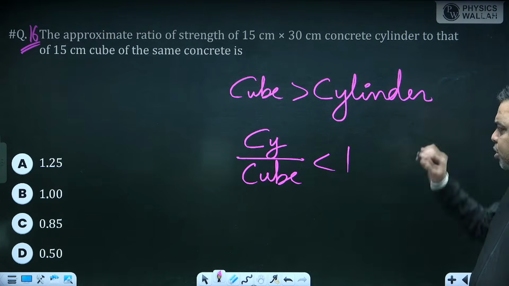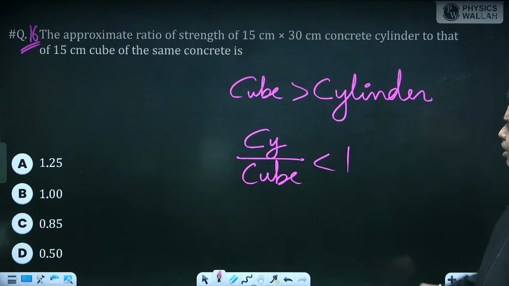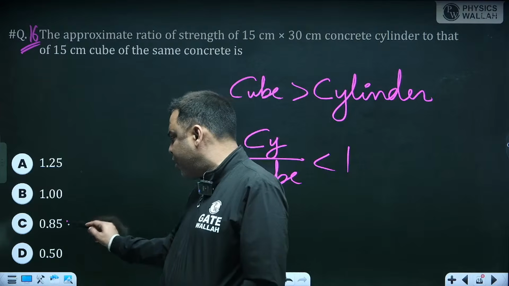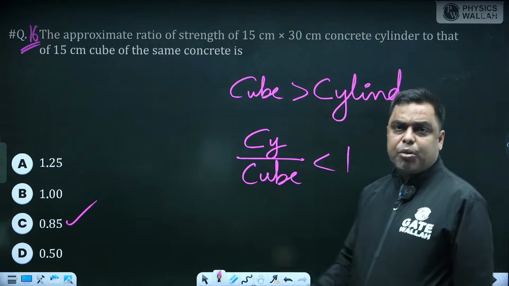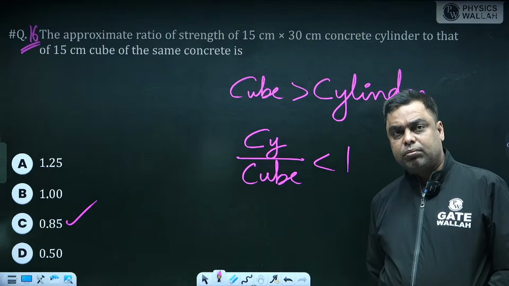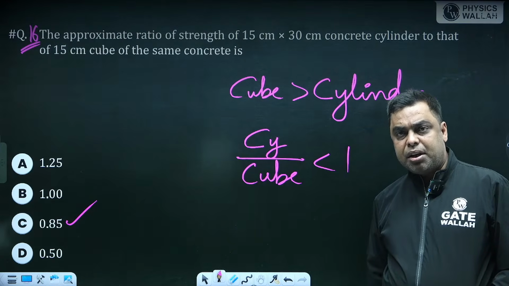Cube strength is more than the cylinder strength. We are aware about it. They are asking about cylinder by cube. It will be less than 1. So answer will be what? 0.85. Ritika ji, it's not 1. Agreed? Clear? Done?